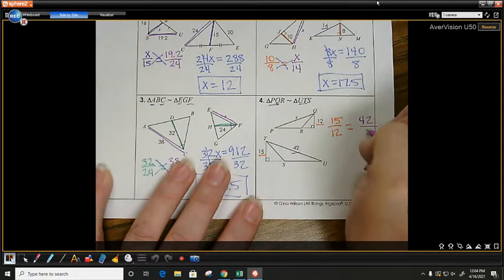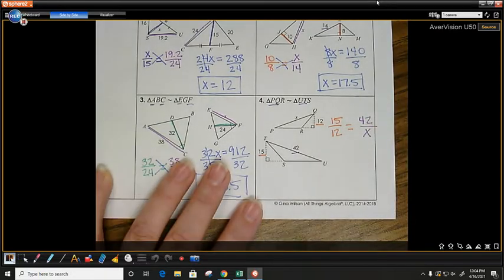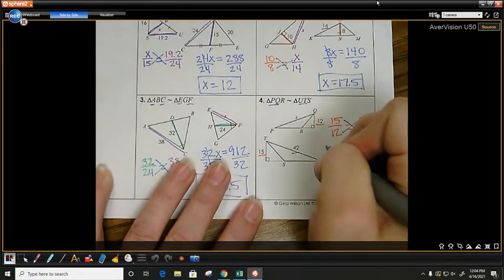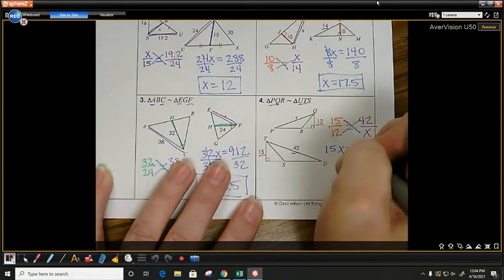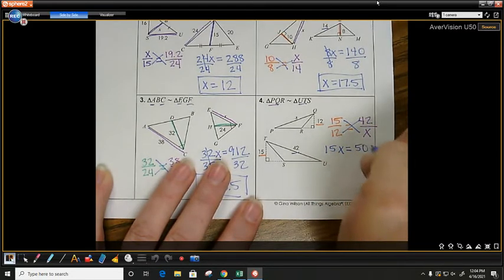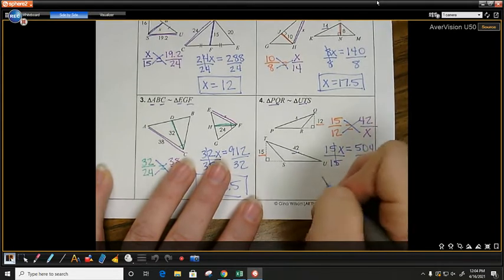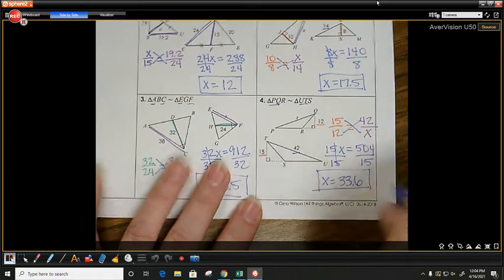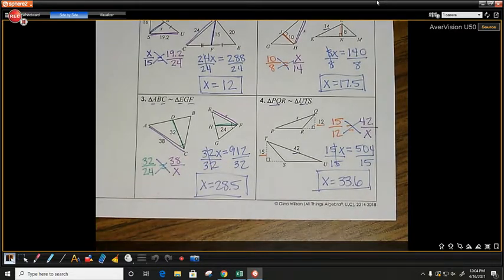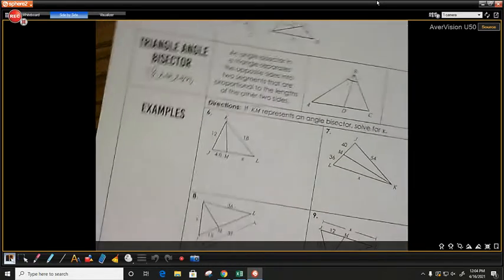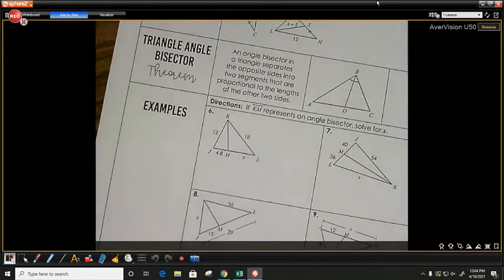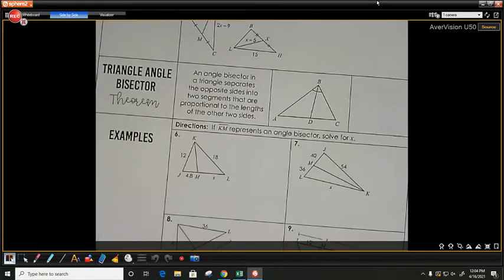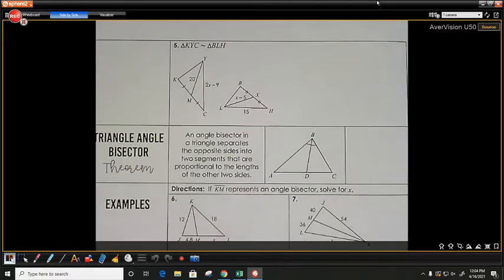PQ is labeled X. So we are going to cross multiply, and I get 15X equals 504, and then divide both sides by 15, and I get X equals 33.6. So again, very similar to what we did on the first part of the lesson. We're setting up proportions and then solving for X. Okay, so now let's look at this one.